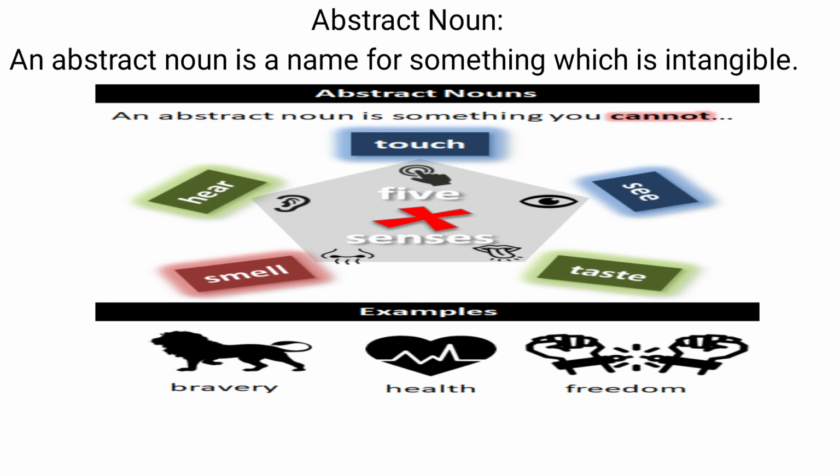So here abstract noun is the name for something which is intangible. Abstract noun is something that you cannot touch, hear, smell, taste, or see. This is called your abstract noun.